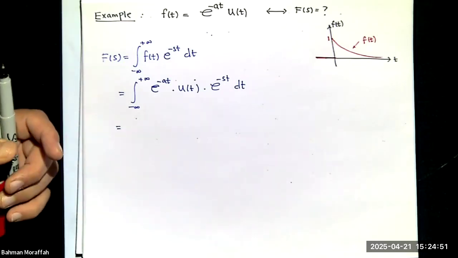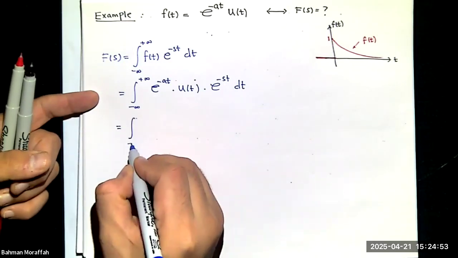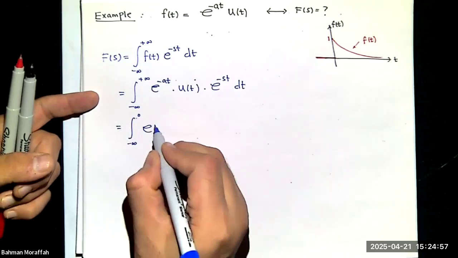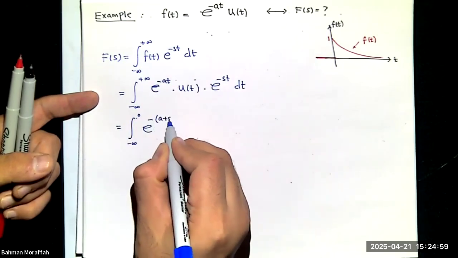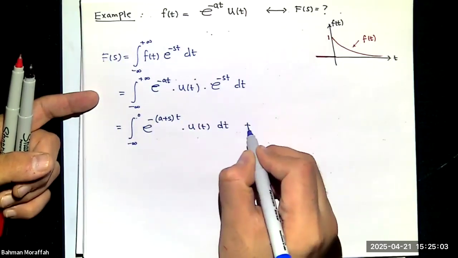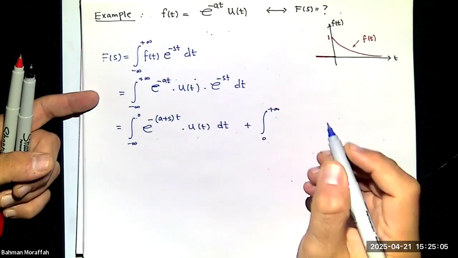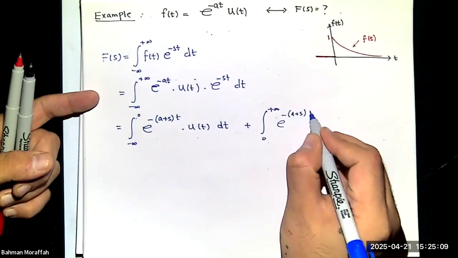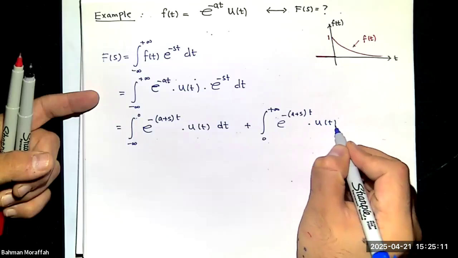I can again break this integral up, write it from negative infinity to 0. I'm going to combine these two exponentials, so I get e to the power of minus (a plus s)t times u of t, plus the integral from 0 to infinity of e to the power of minus (a plus s)t u of t.